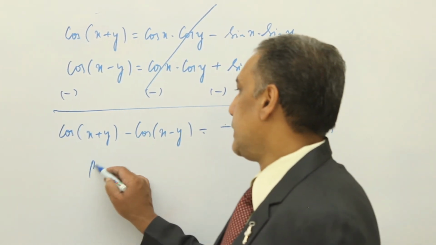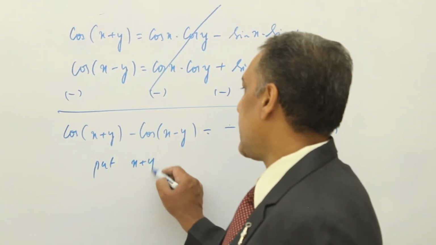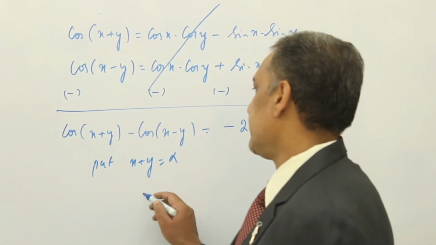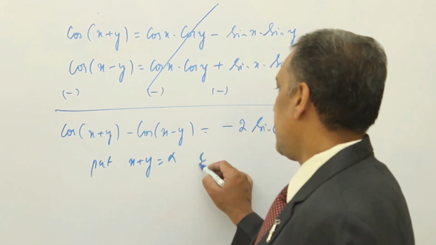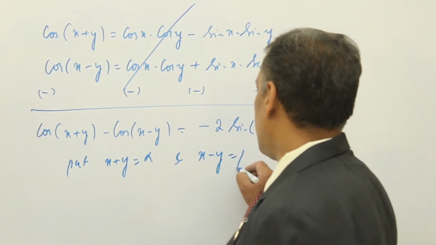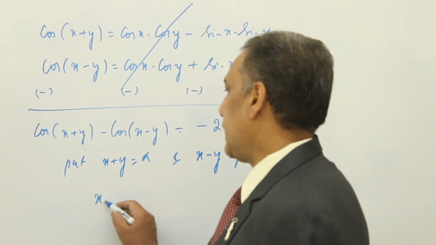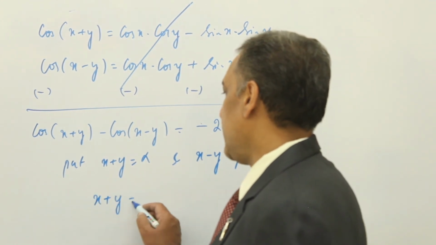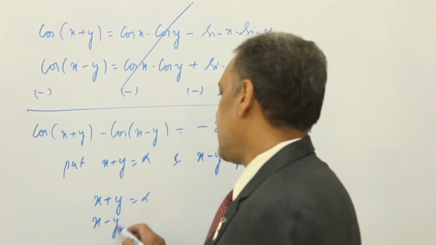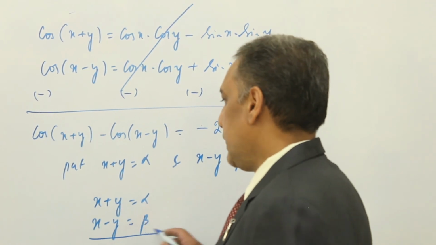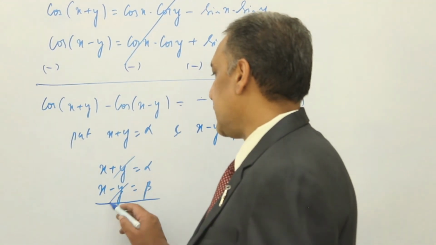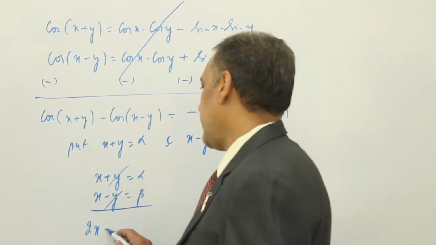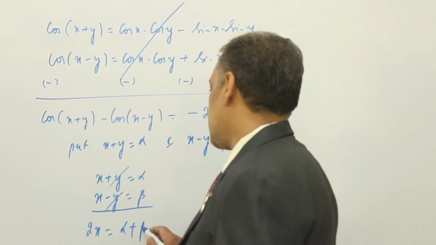So put x plus y equal to alpha and x minus y equal to beta. When you add these two, x plus y equal to alpha, x minus y equal to beta, plus y and minus y get cancelled, therefore 2x is equal to alpha plus beta.